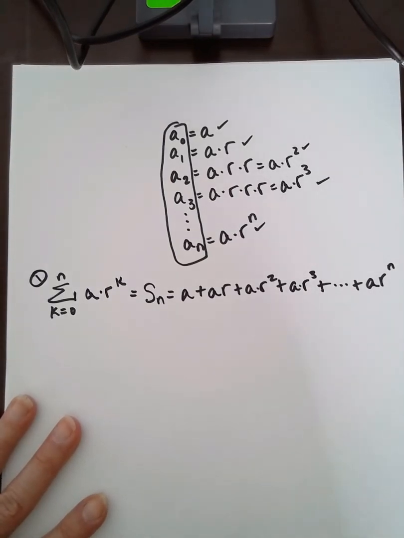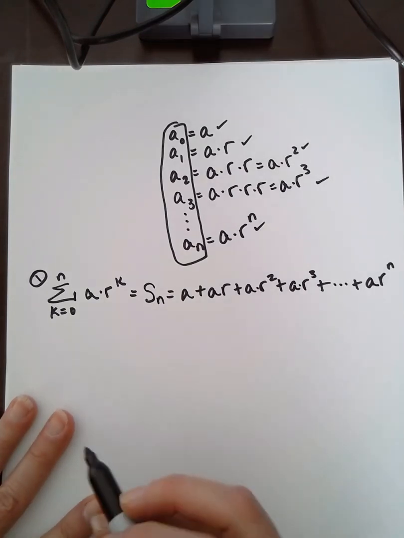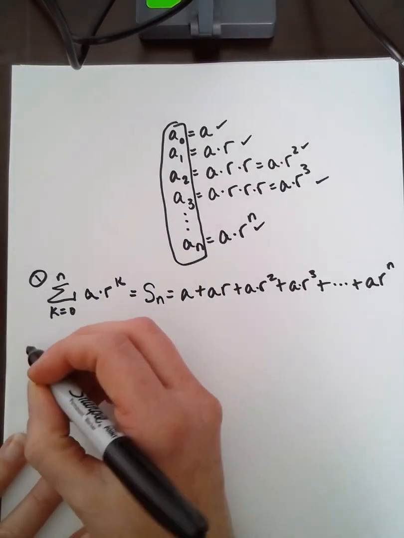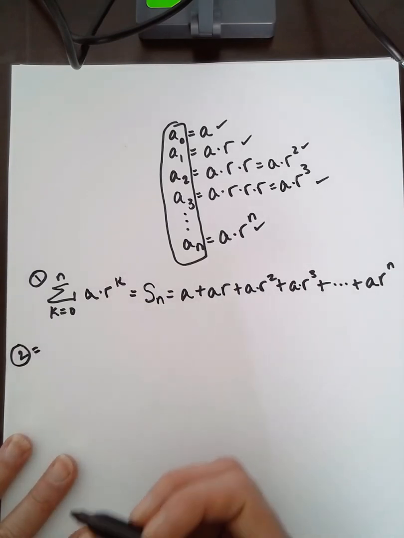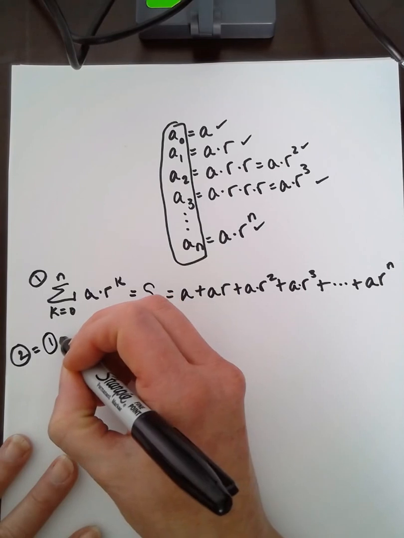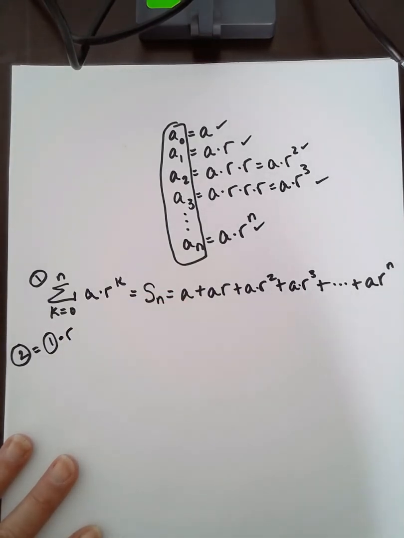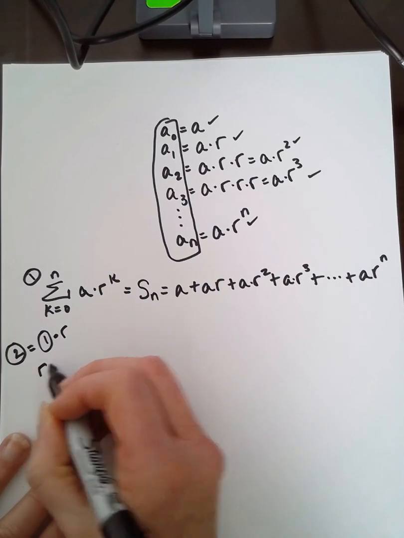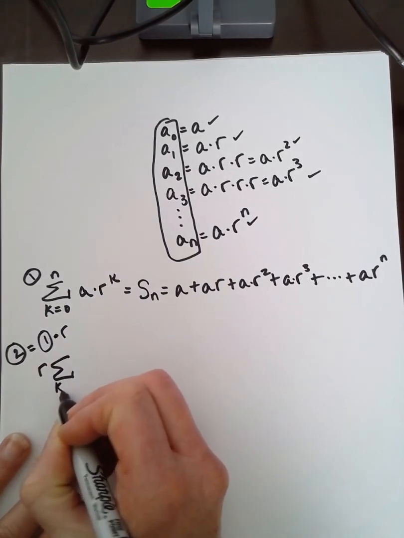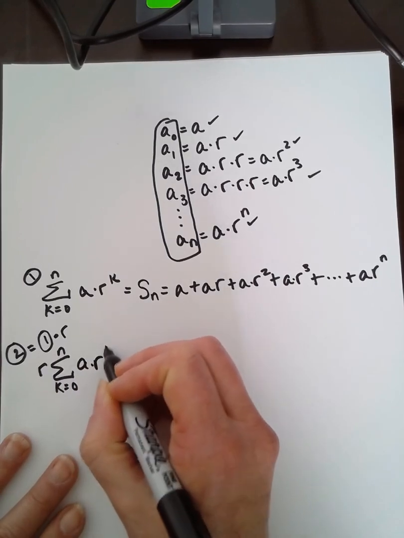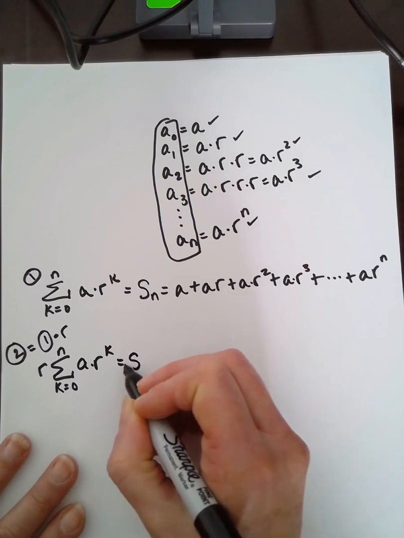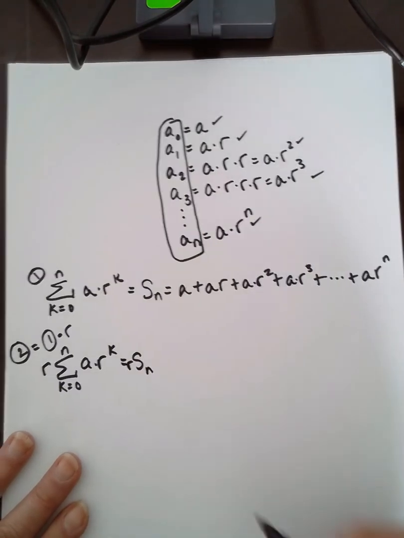Now, I'm going to need another equation in order to find the closed form of this sum. I'm going to call the next equation 2, and what equation 2 is going to equal is equation 1 times a factor of r. So that's going to be r times the sum as k goes from 0 to n of a times r to the k, or r times s sub n.